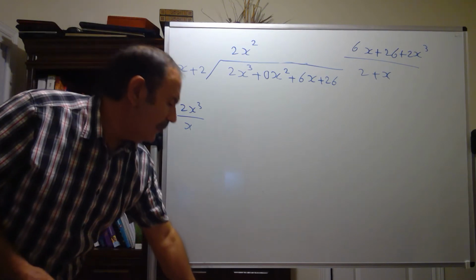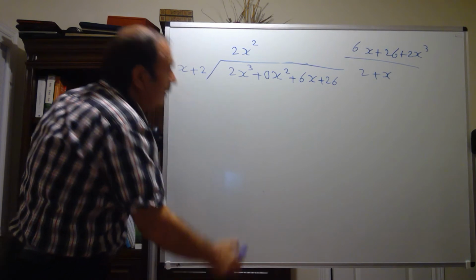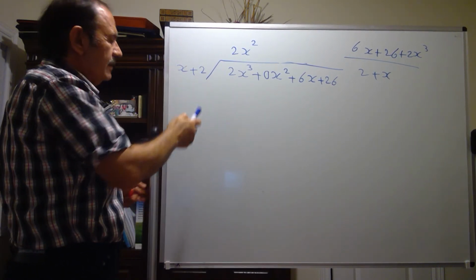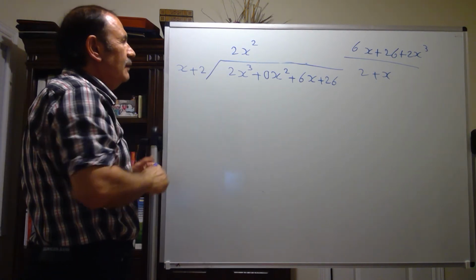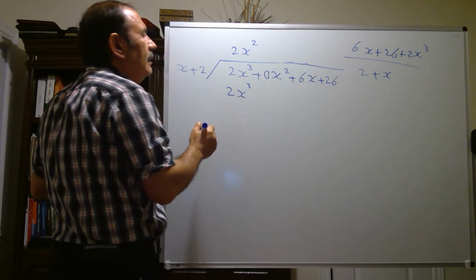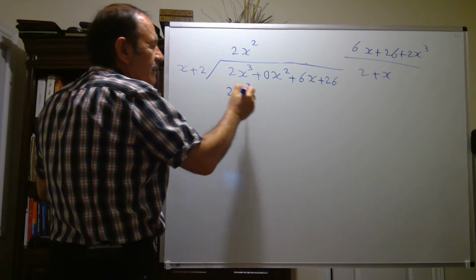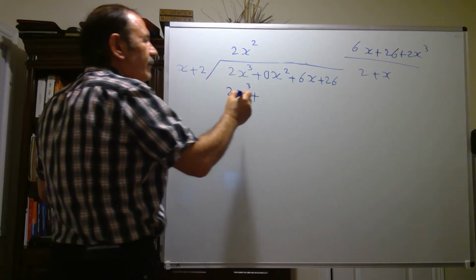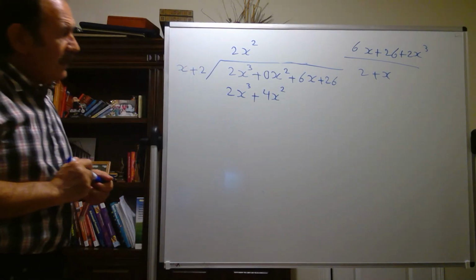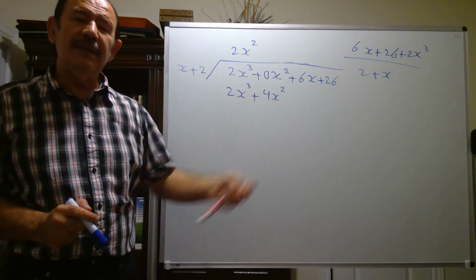Now, after dividing the first terms, multiply the result by the whole divisor. 2x squared times x is going to be 2x cubed. 2x squared times positive 2, positive times positive is positive, so it's going to be 4x squared. Can you see, by adding this 0x squared, I can match these two? That's why we are filling the gap.